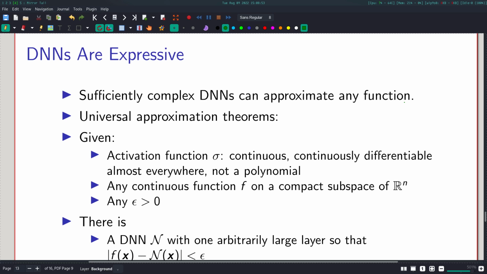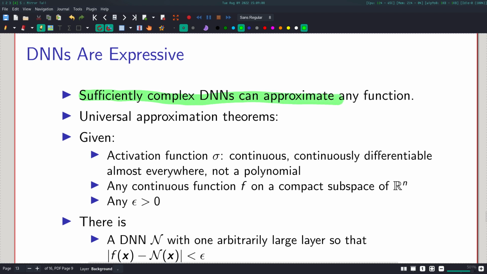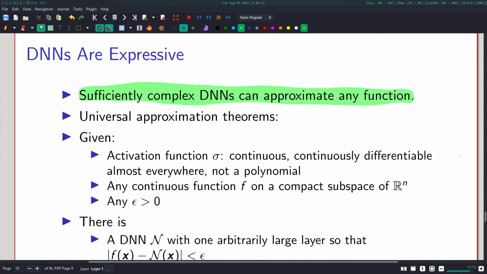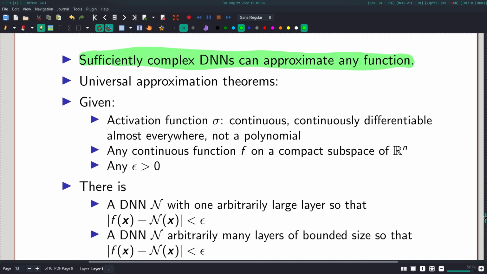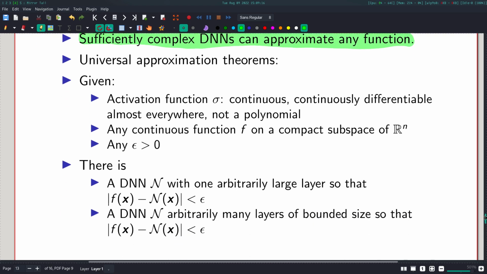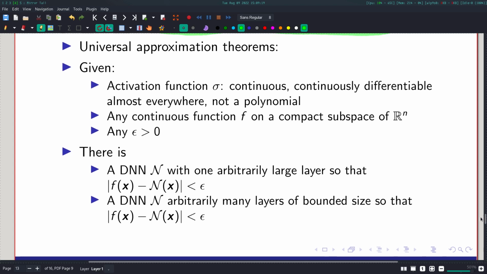Well, okay, but how complicated are DNNs as functions, right? Well, it turns out they can also be arbitrarily complicated under approximation, right? In fact, sufficiently complicated DNNs can approximate any function, and this is formally stated in this collection of theorems, which are called the universal approximation theorems.